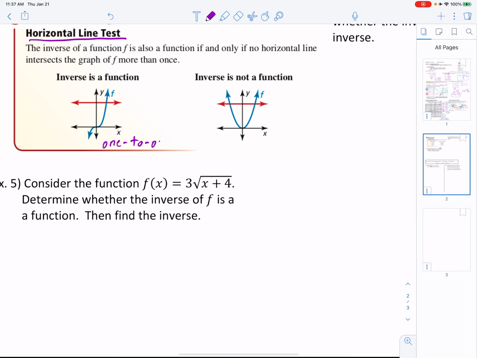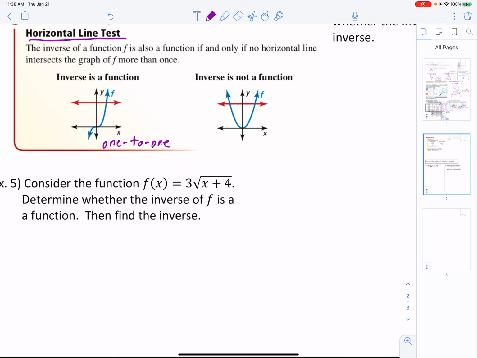We say that the function then is 1-to-1. Each x is assigned exactly 1 y, and each y is assigned exactly 1 x. Versus, if we have y equals x squared, it fails the horizontal line test.